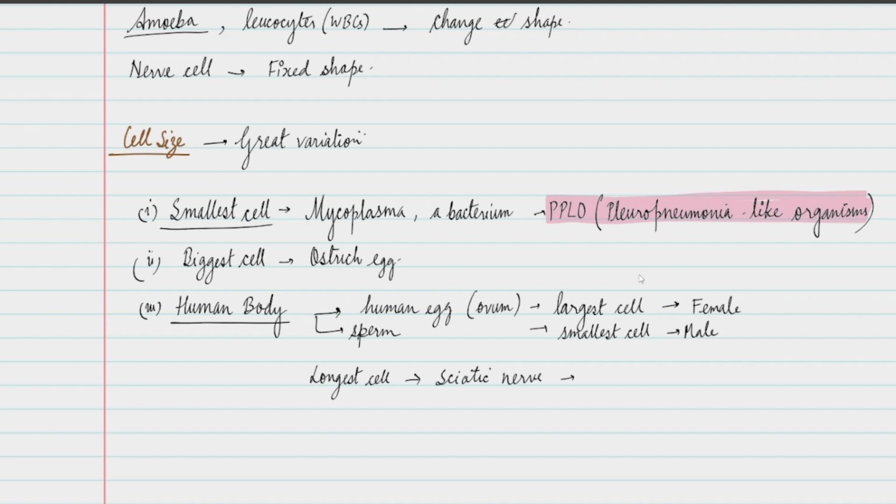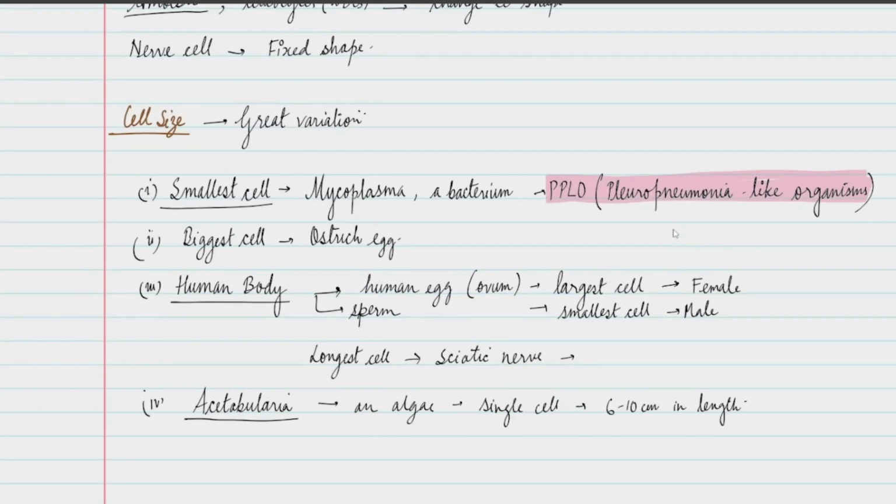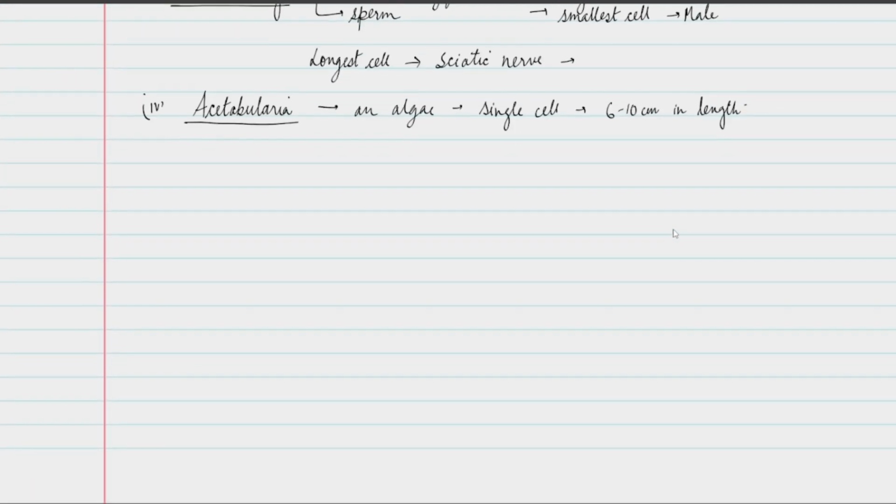In the plant kingdom also, there is Acetabularia, which is an algae belonging to the plant kingdom. It's a single cell that is almost 6 to 10 centimeters in length. So these are some examples of various cell shapes and sizes.